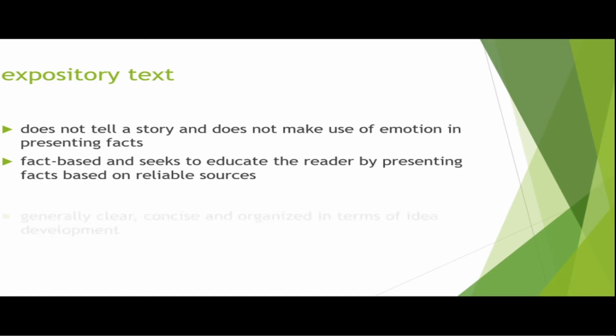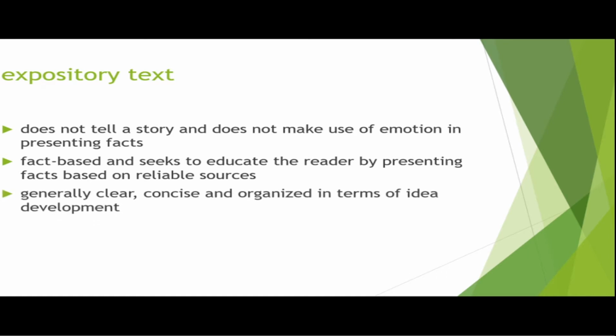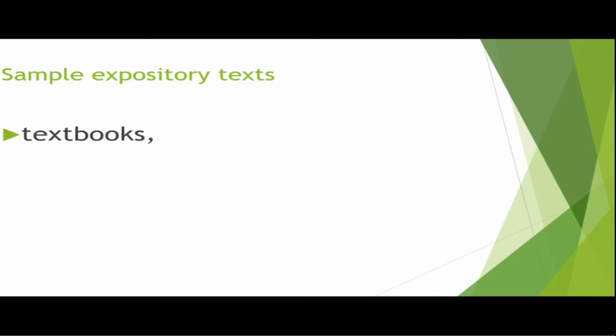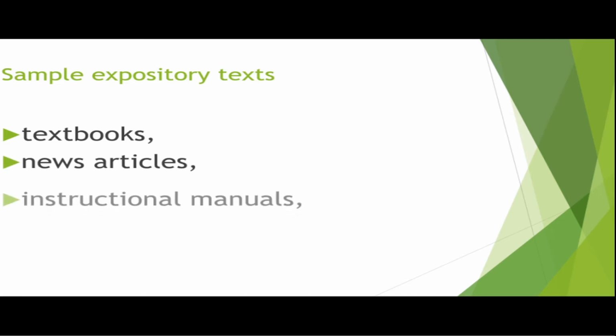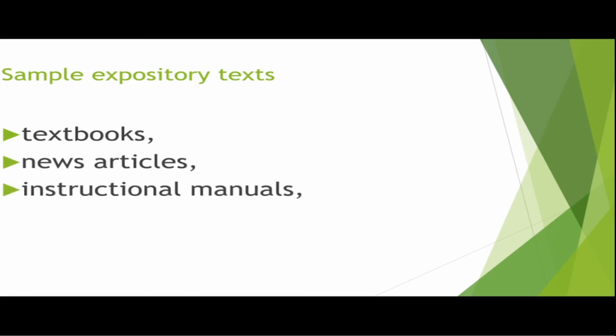Expository texts are generally clear, concise, and organized in terms of idea development. Some of the most common examples of expository texts are textbooks, news articles, instructional manuals, recipes, and self-help books.